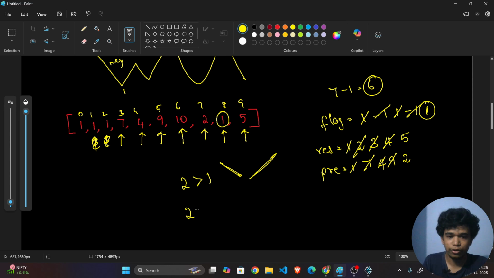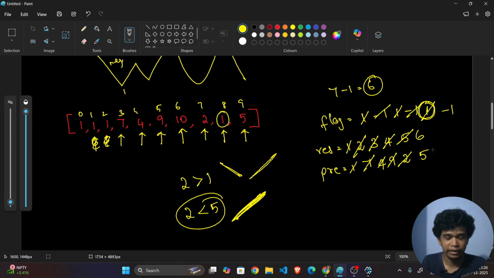Whether 2 is less than 5? Yes, which means by using this 5 I can make an increasing curve. And the flag 1 represents we need an increasing curve also. Yes, so I'll make the result 6, make the previous 5 and the flag -1, which means next time I want a decreasing curve, but unfortunately we have finished this array.